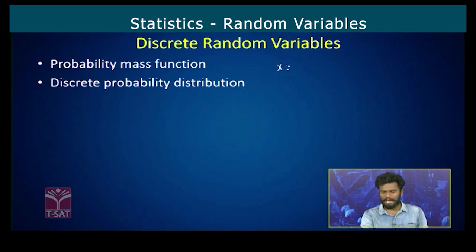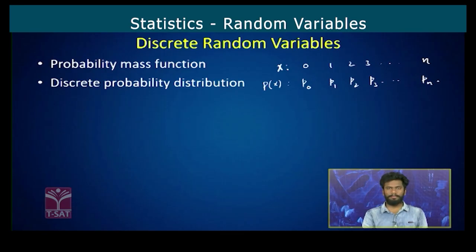Let us consider a random variable x. It is taking the values 0, 1, 2, 3, so on up to n, and the probabilities corresponding to the random variable are given as, let us consider p0, p1, p2, p3, so on up to pn.